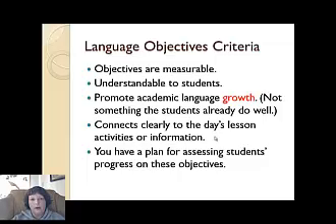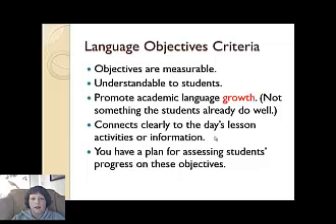Well, their students already know how to read, so that's really not an objective, it's an activity. That moves over to the agenda, not objective. The objectives are something that we're striving for, that we're constantly trying to grow into. So make sure that the academic language growth is something that they're still learning to do, and it should definitely connect to the day's lessons or activities or information.